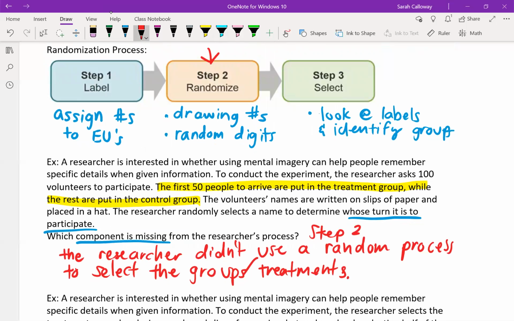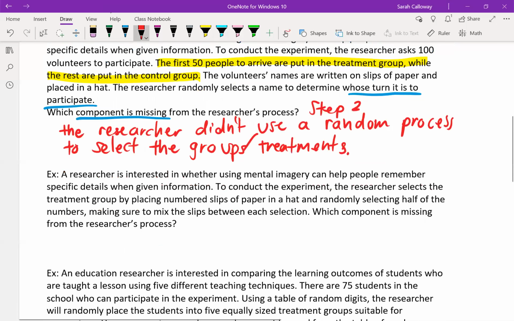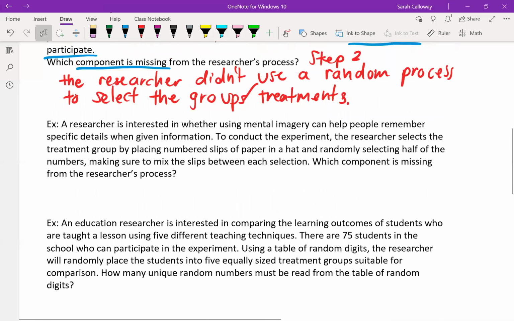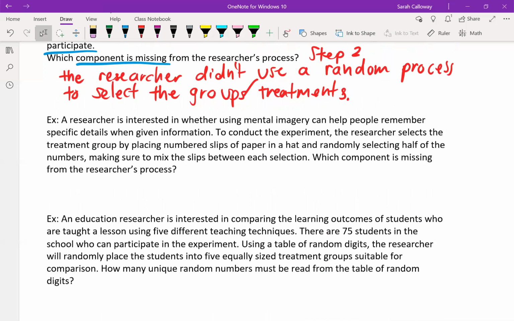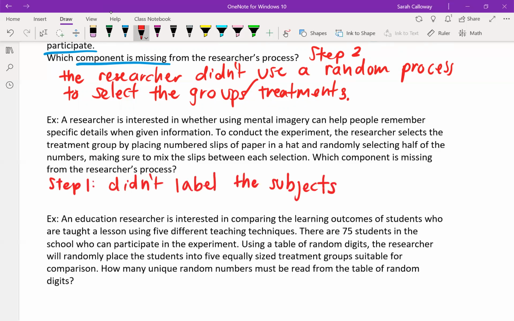So this researcher didn't label the experimental units, or the people being studied. They missed step 1. They didn't label the subjects with the numbers, right? They had to label the subjects with the numbers before selecting the numbers.